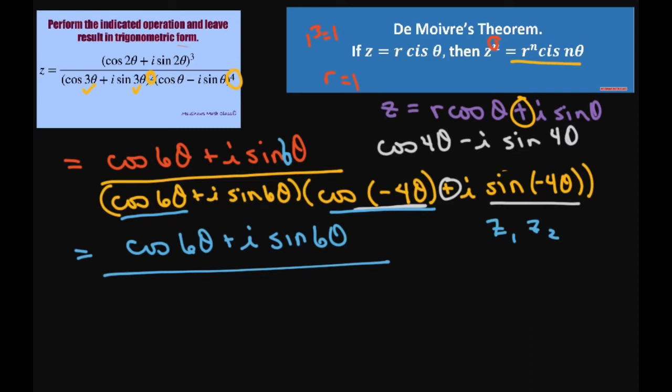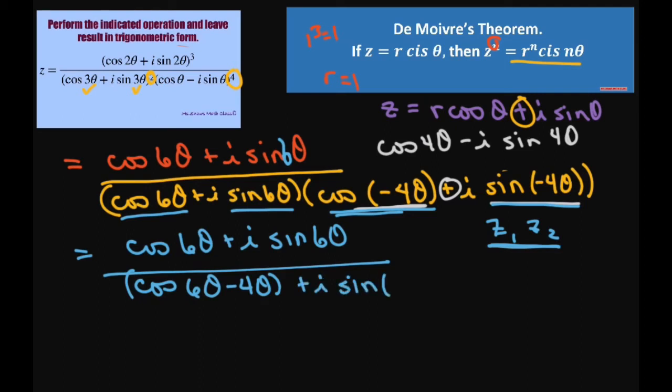So when you add those, you're going to get cosine of 6 theta minus 4 theta, right? And then you just add those. That's by definition of these complex numbers. So this one's going to be plus i, sorry, plus i times sine of 6 theta minus 4 theta.